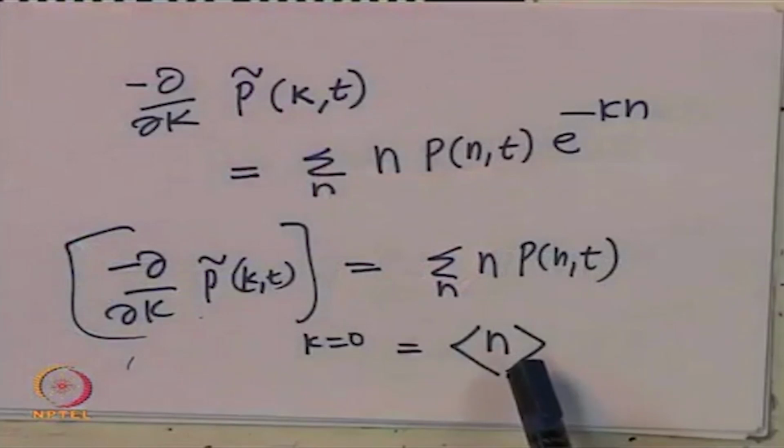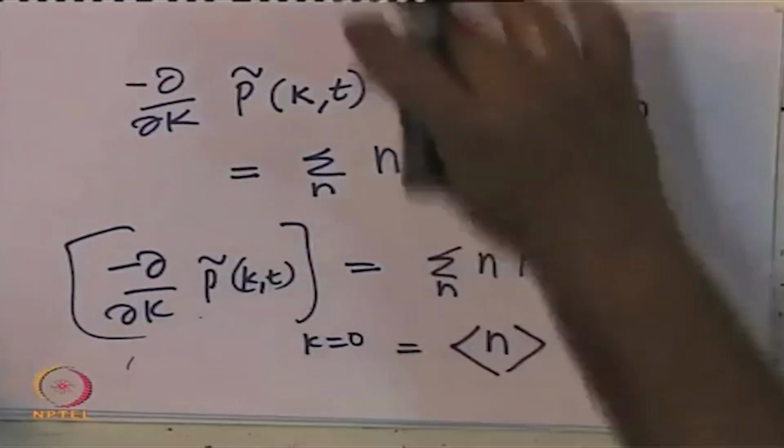So, this we already found, and by just doing one derivative we get the average number of monomers on the filament. Now, let us say this average number of monomers can depend on time. Sometimes the average can be small, later after some time the average can be high. So, you can also take the time derivative.